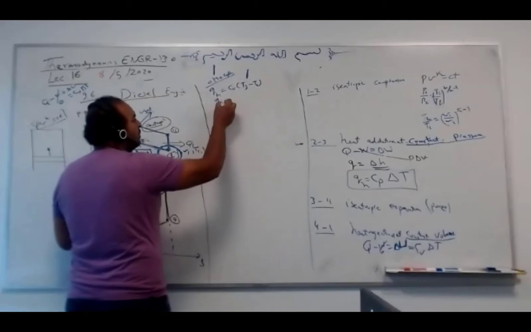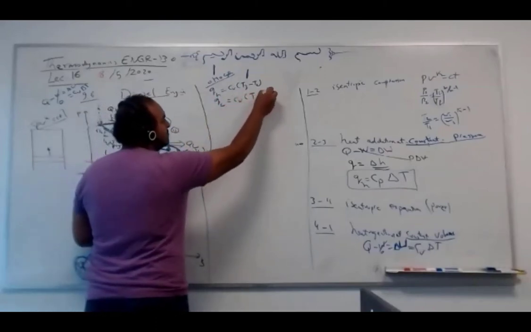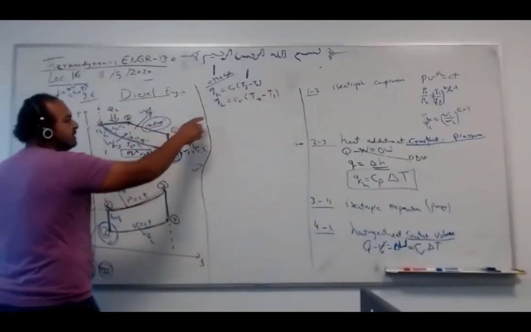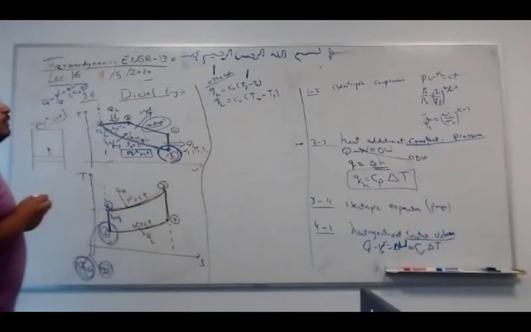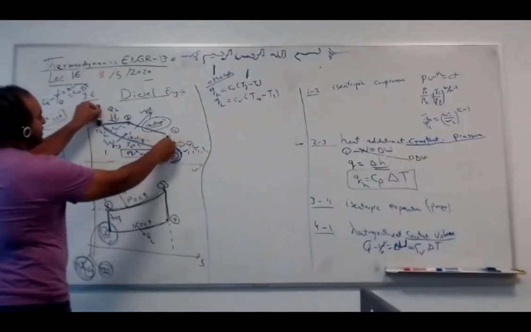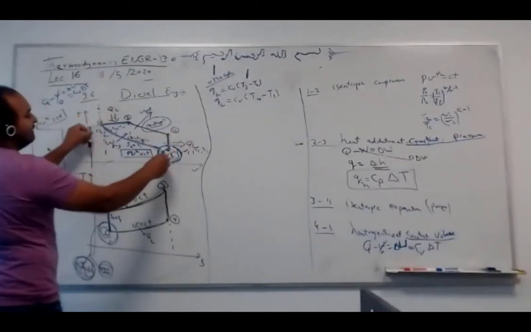Q low, which is 4 to 1, was CV delta T, T4 minus T1. Why CV? Because both of them are at constant volume. Both of them are delta U. There is no work. So they plot vertically in the PV diagram.